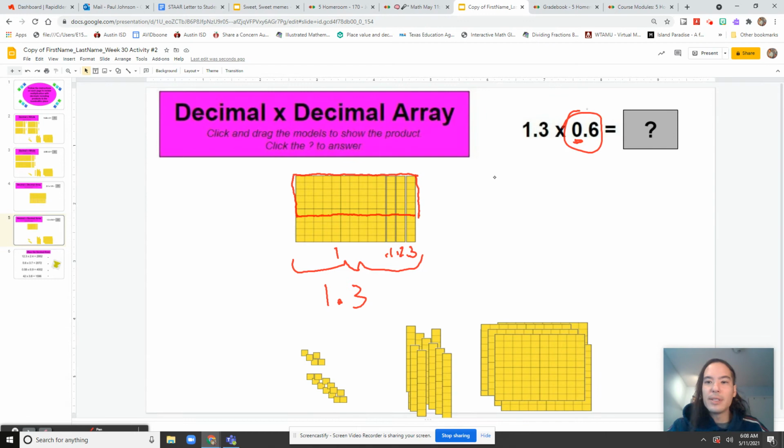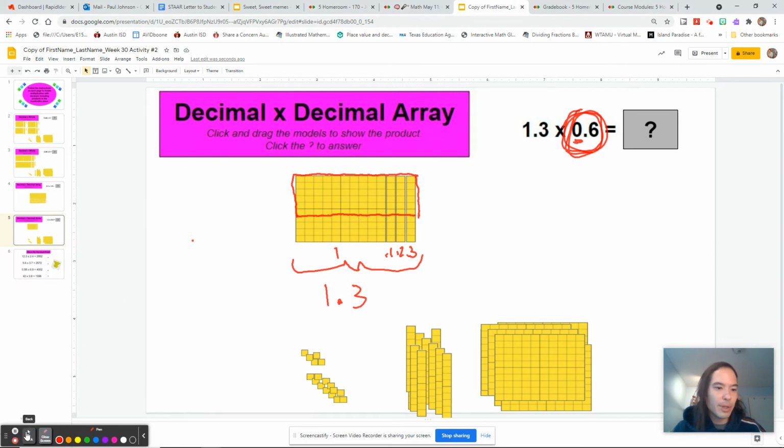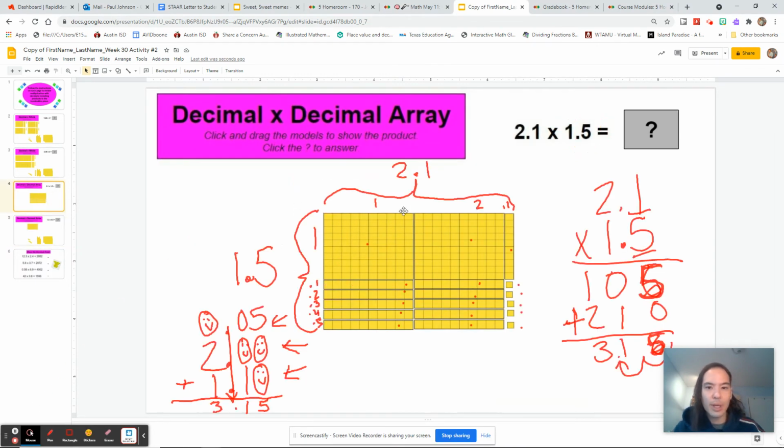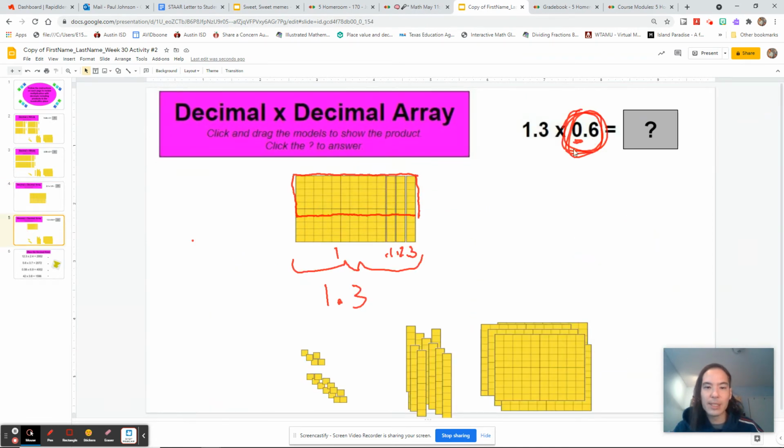All right, since this one is smaller than 1, we can't do what we did on the previous page. On the previous page, we made the setup for 2 and 1/10 horizontally, and then we had 1 and 5/10 vertically. On this one, since 6/10 is smaller, we're not even using the whole thing, we're only using 6/10.